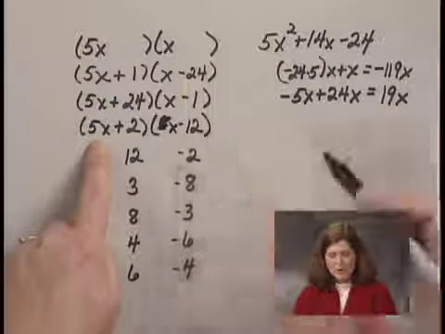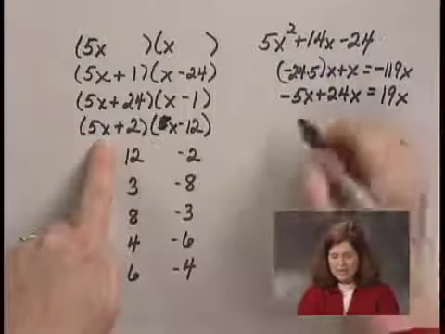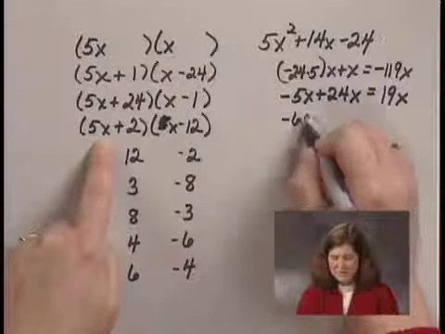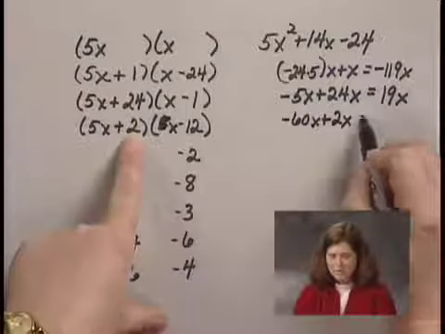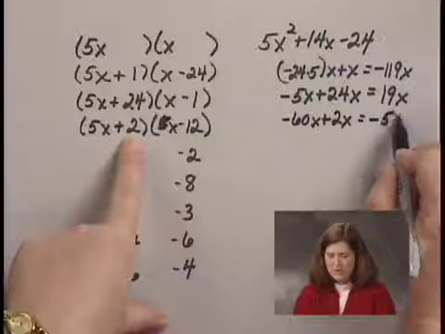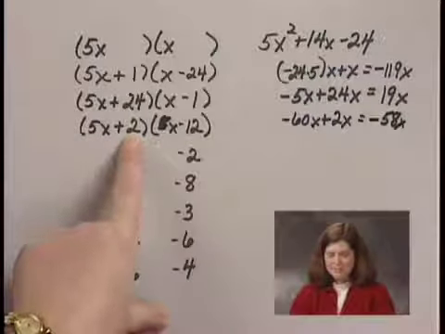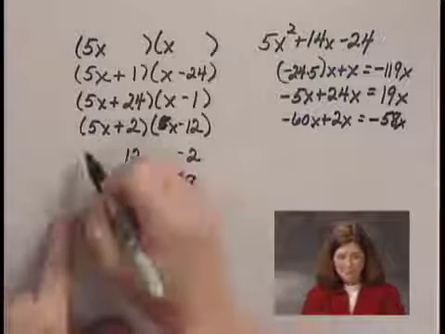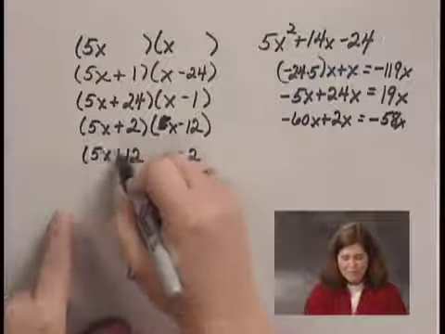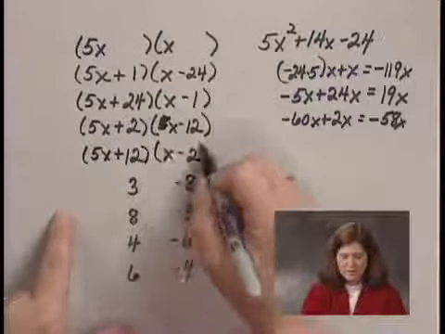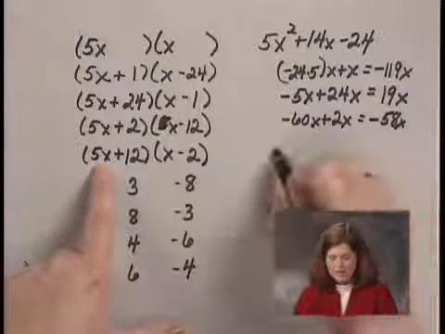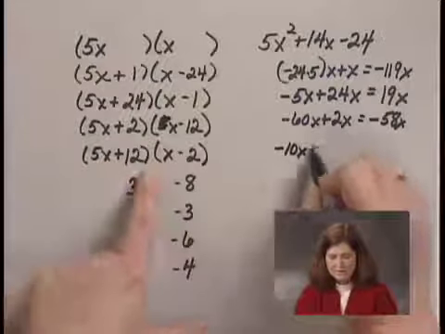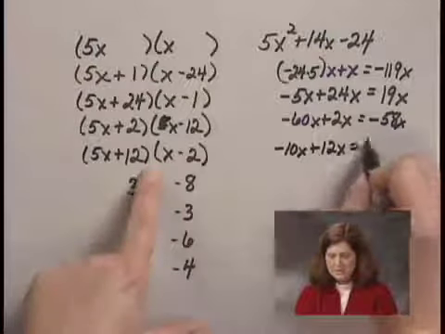My middle term will be 5x times negative 12, that's negative 60x plus 2x, which gives me negative 58x. That's not right. So now I try 5x plus 12, x minus 2. My middle term will be negative 10x plus 12x, which is 2x.